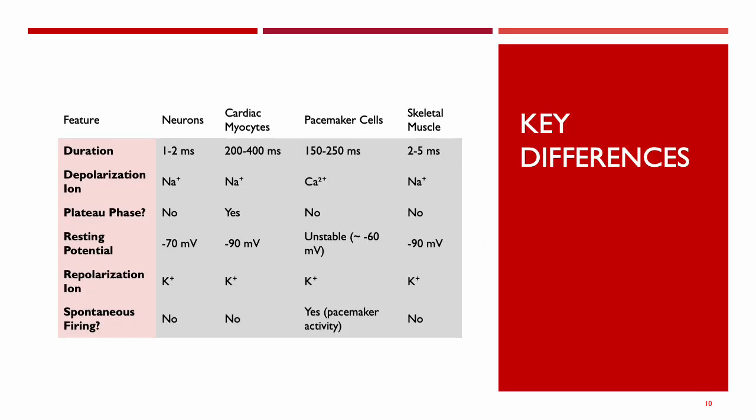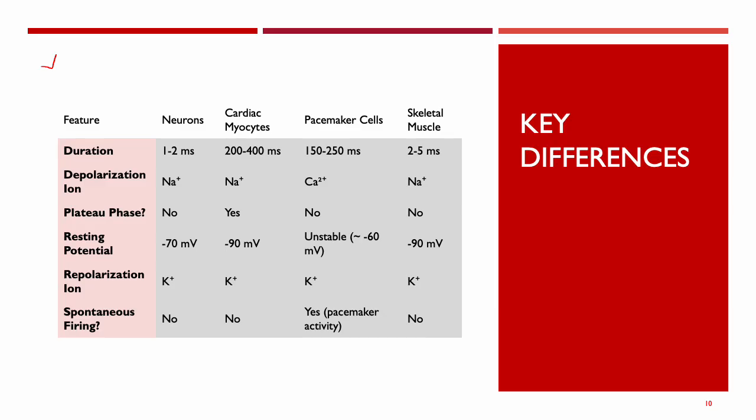So let's just mention some key differences here, because here is another interesting thing that may confuse a lot of students or take a lot of time for students to make sense of. So we ask the question here because we make learning easy. The question is: are the action potential structures mentioned in the previous slides the same for cardiac cells and all other cells? Because we focused on the neurons, right?